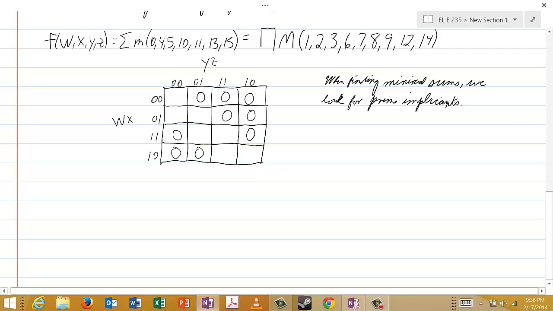This is what we've been doing all along. But now, when finding minimal products, we look for prime implicates.